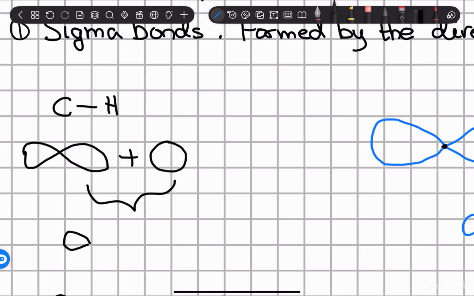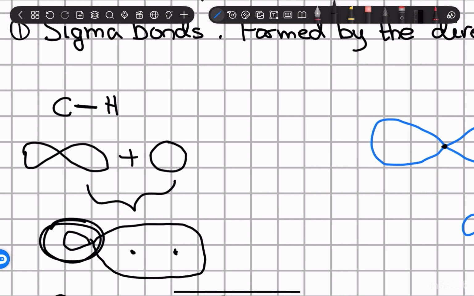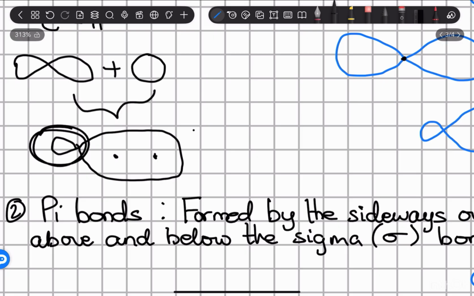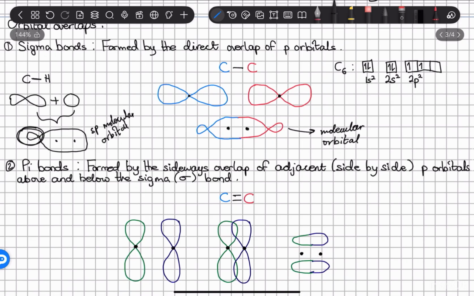It would look something similar to that one. It would just have a very tiny lobe here, and this is where the electrons would be found within the sigma bond. So this would be called an sp molecular orbital for the C-H bond. I'm sorry for that handwriting. That's basically what a sigma bond is.